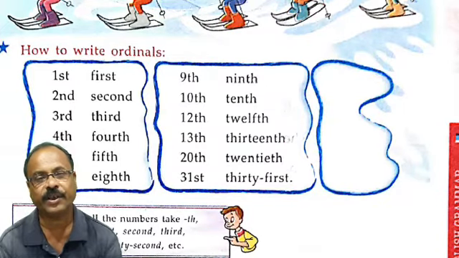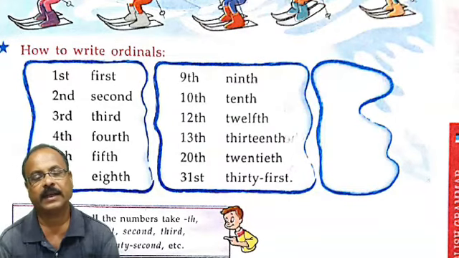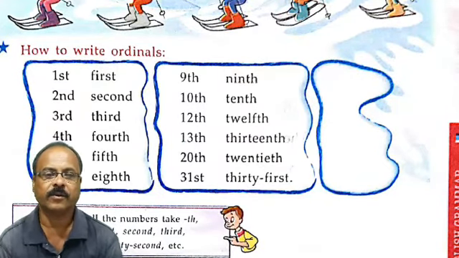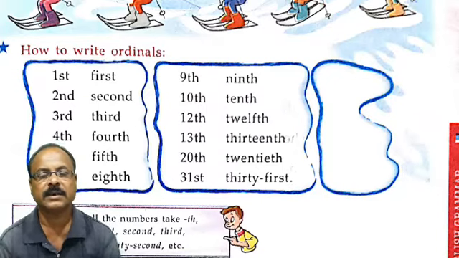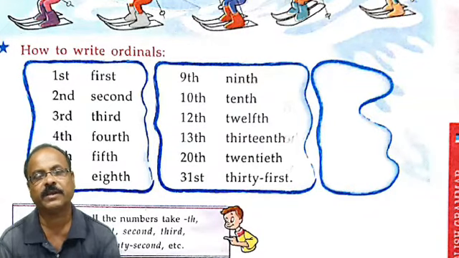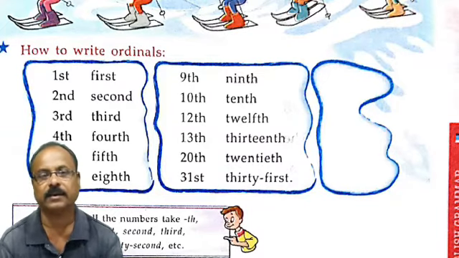Then comes 23 and 23 is read as 23rd. After that, all the figures are read as TH. 24th, 25th, 26th, etc.